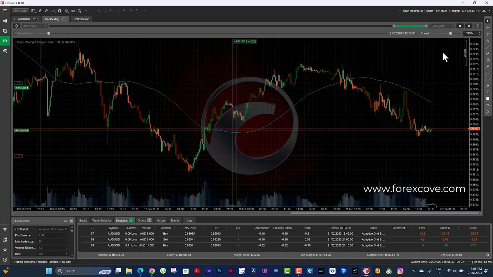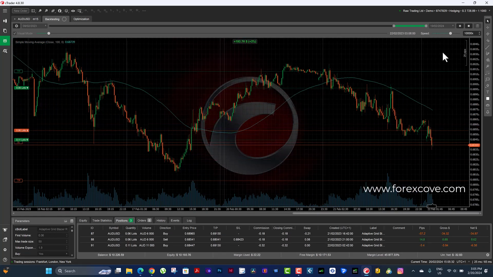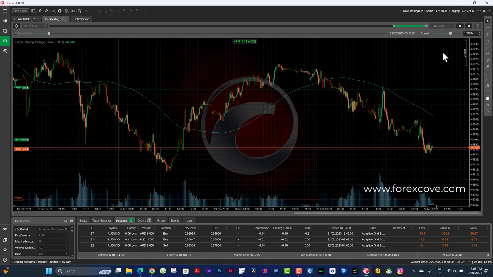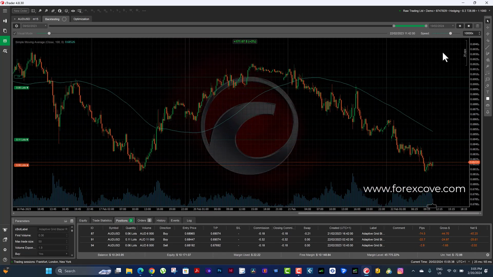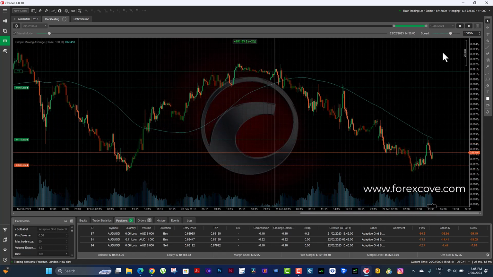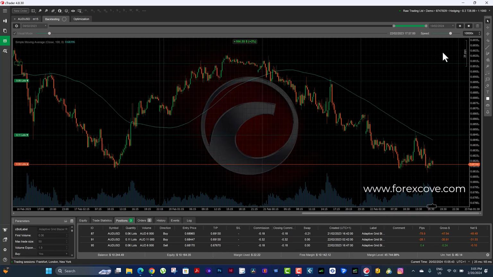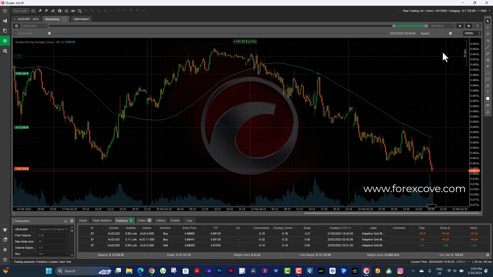Without risking very much and with very conservative settings, the algo managed, in a 12-month period, to generate almost 6K on a 10K account. That's a very impressive result given the conservative settings of the algo.